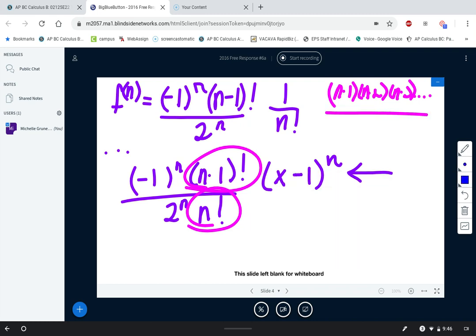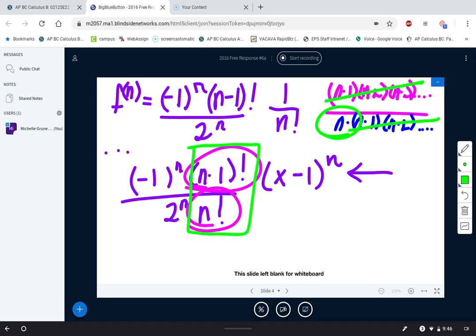And then the n factorial is going to be n times n minus 1 times n minus 2, dot, dot, dot. So having done that, all of these will reduce, and all I'll be left with is an n in the denominator. So this portion of the general rule can be reduced to 1 over n.